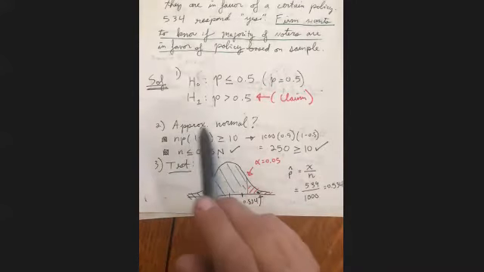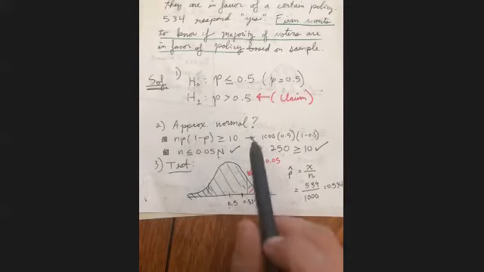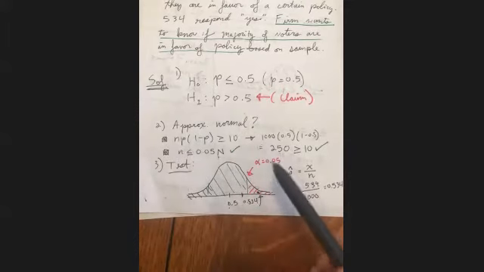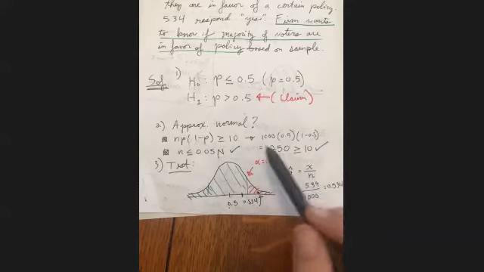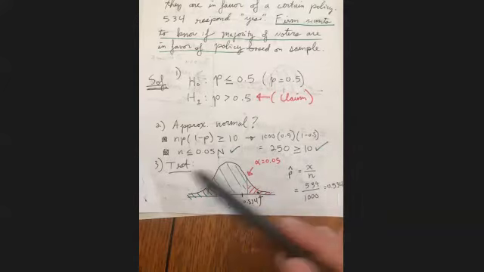Great. Our next step was to verify that the sample distribution is approximately normal. We do that using these two criteria. Once we know the sample distribution is approximately normal, then we can compare the sample distribution to the proposed population distribution with a test.